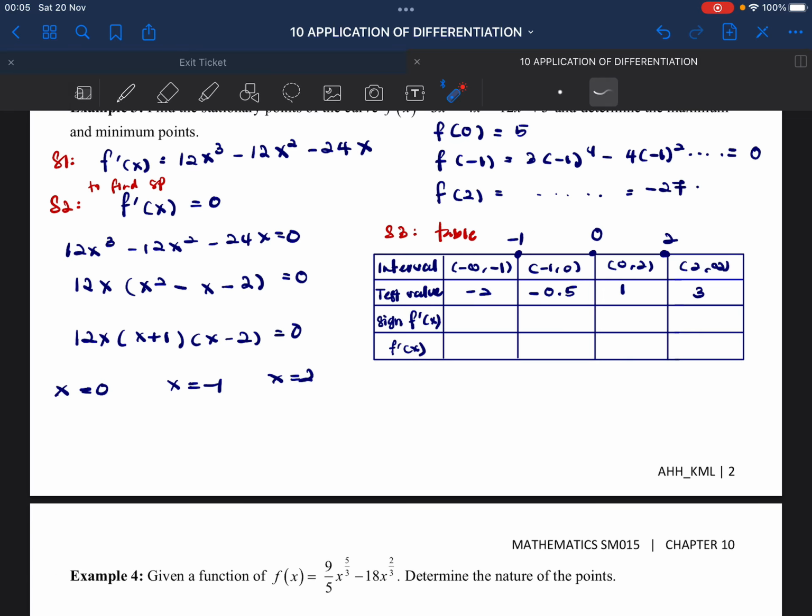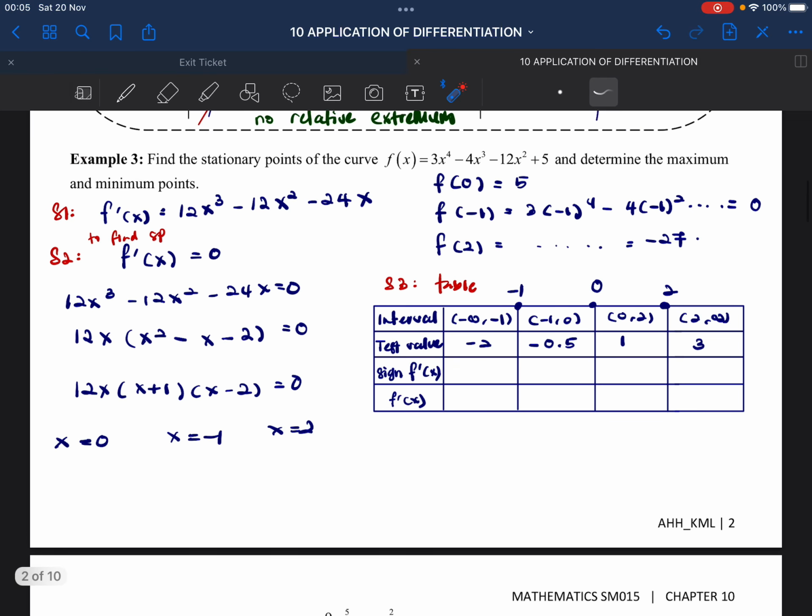Sorry for the delay. What we are going to do next is find the sign of f prime x. We take these values and substitute them into our f prime x.